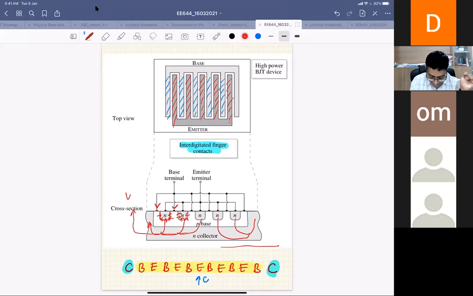So if I'm applying VC here, there will also be a drop here. To avoid that, if my number of fingers is very large, it is always advisable to insert a collector also in between those fingers, so that your collector resistance can be optimized.